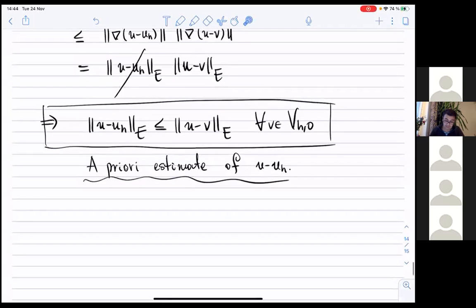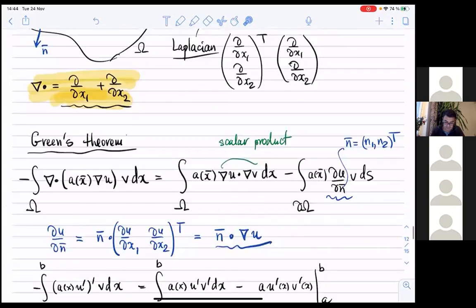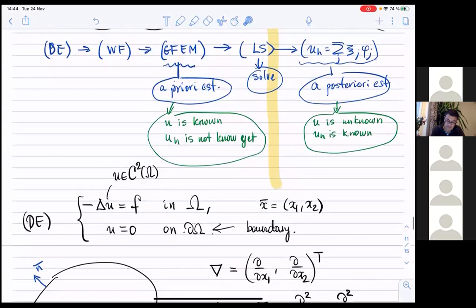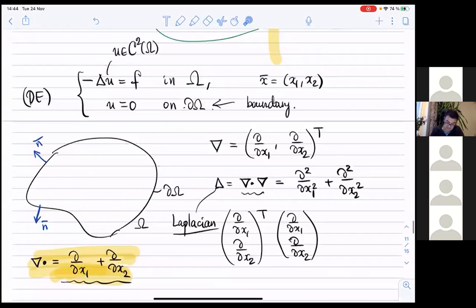So I have to go now to the next step, and there is something that I want to say. We are here now. We move to the linear system, and for the linear system, we say that u_h is an element in that finite element space. Of course, then we can find some coefficients so that this u_h is written as a linear combination of the test functions.